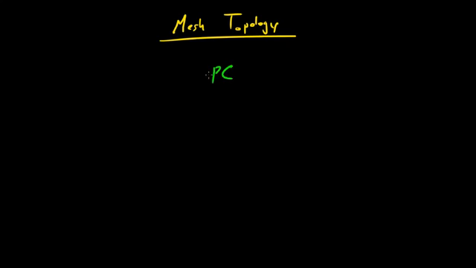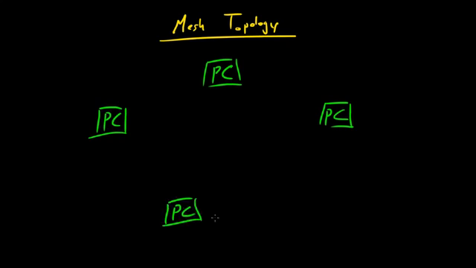Let's say that we have, let me just draw 5 PCs or something. A PC here, a PC there, a PC everywhere. It doesn't matter if these are desktop PCs or laptops or anything like that. And you need 3 or more for this mesh topology to work out. But this is basically what it is. It's a topology where every single node is connected to every other node.